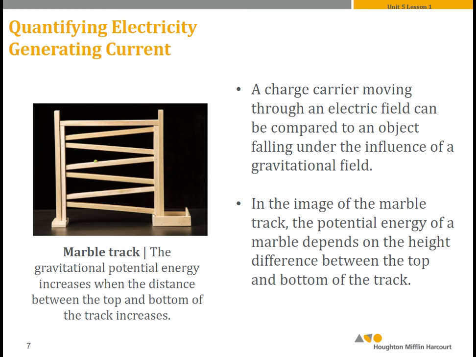In this marble track, the potential energy depends on the height difference between the top and the bottom of the track. It doesn't matter, again, if you put the marble track on the floor or on a table. What's important is the difference between the top of the track and the bottom of the track. That's what determines the gravitational potential energy difference.